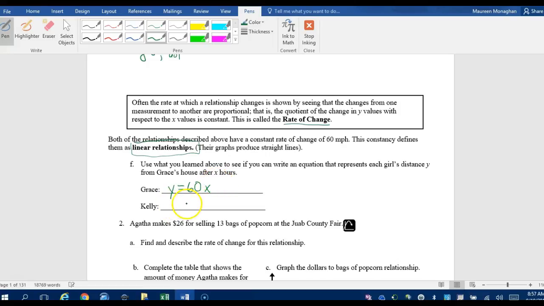Well, wait, Kelly, she had the same rate of change, but hers is a little different. She started 80 miles closer. So her linear equation is going to look like this. So she gets to add 80, but she still had a constant rate of change.